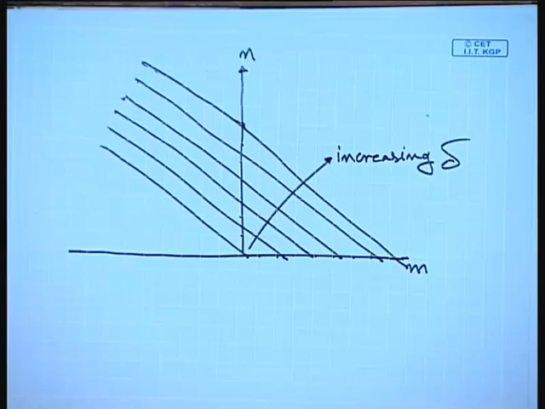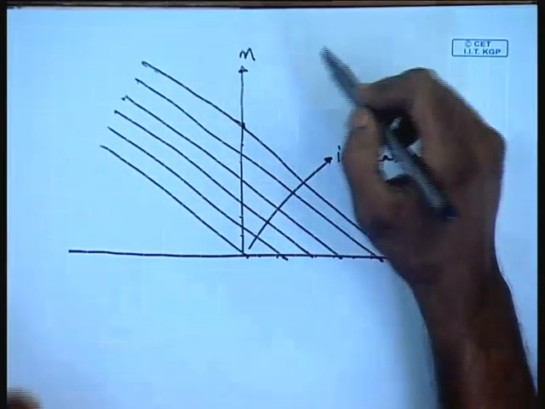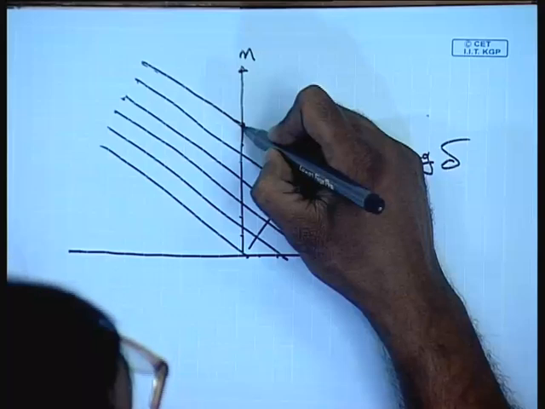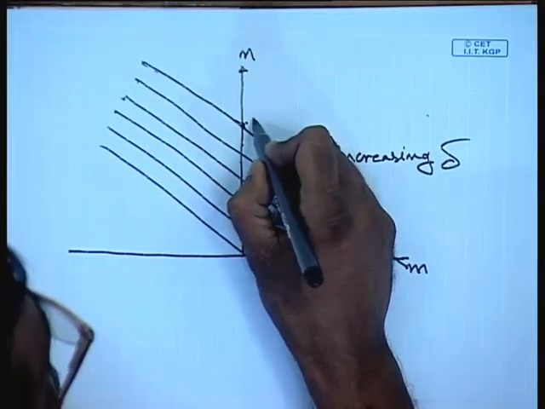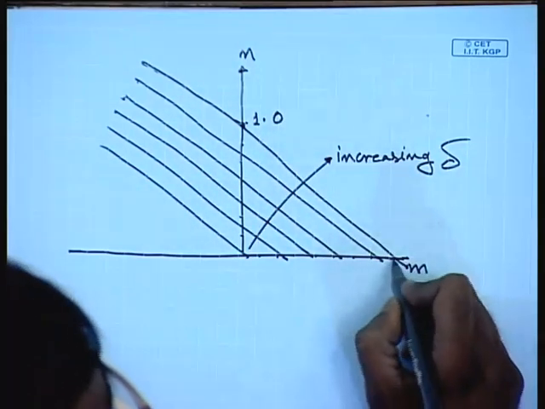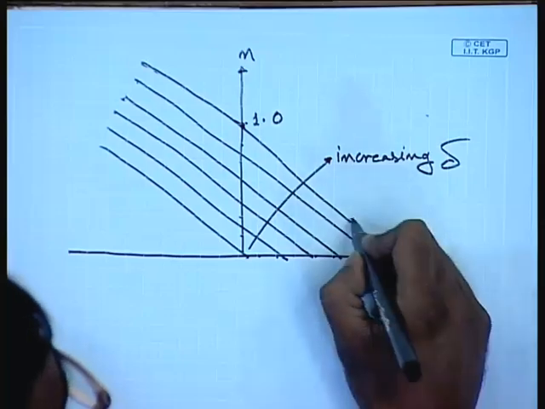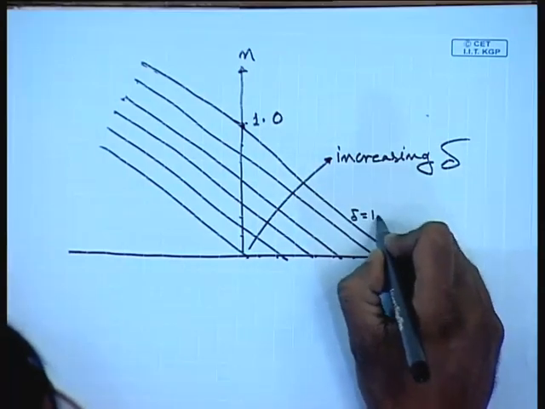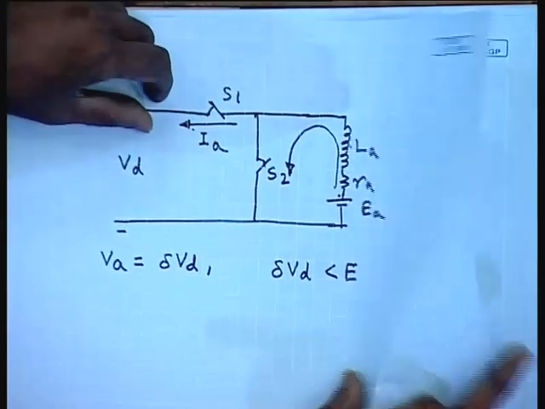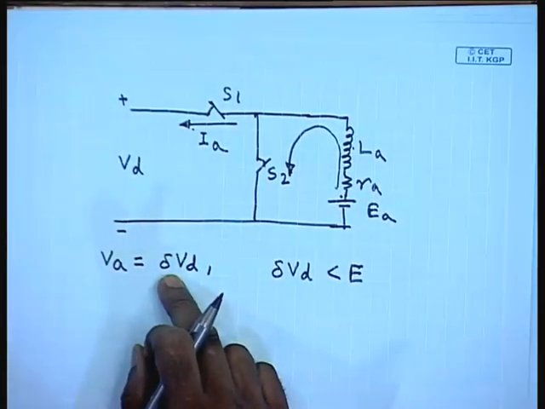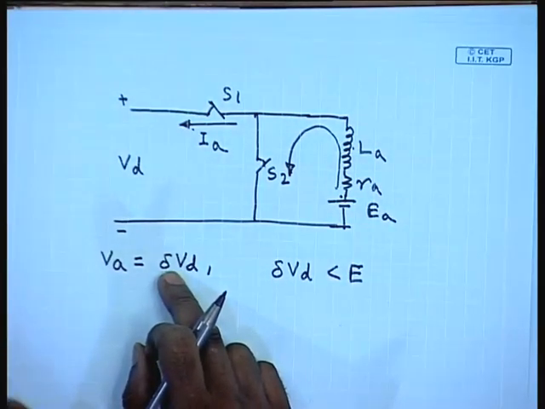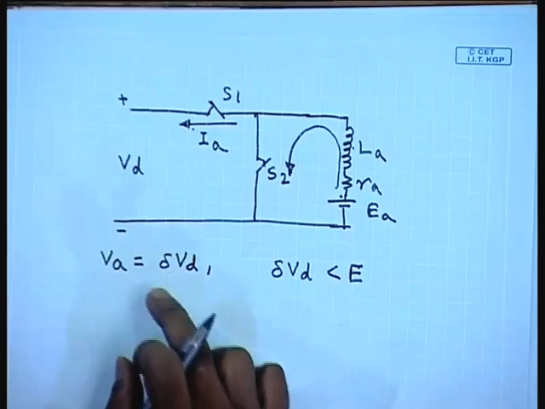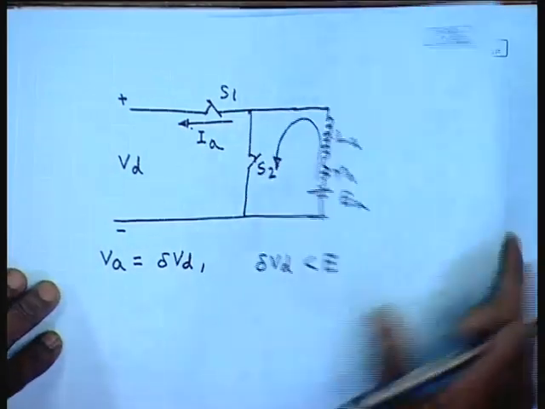So, one advantage we see of using a chopper, that regenerative braking is now possible even below base speed. This is n equal to 1.0 corresponding to the base speed. This is because the effective voltage applied across the DC machine can be controlled by controlling the duty cycle delta.